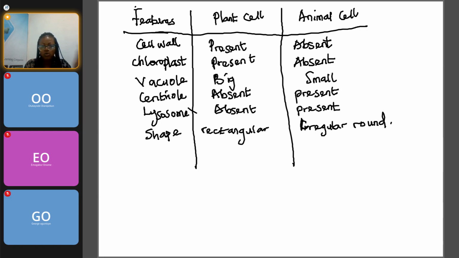So that is the shape for animal cell. So this is the summary of the structure of plant and animal cell. I believe we can see what is on the board and relate it to the diagram of both the plant and animal cell that I gave earlier.